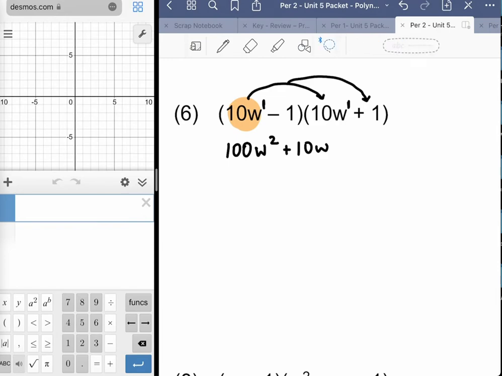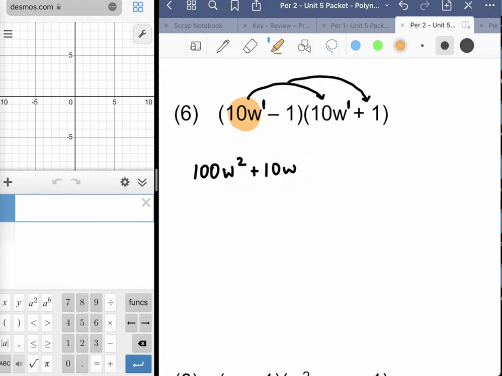Our second distribution is going to come into play when we look at this negative 1. This negative 1 also has to get distributed to each part of the second binomial. So I'd say, all right, well, what's negative 1 times 10w? Negative 10w.